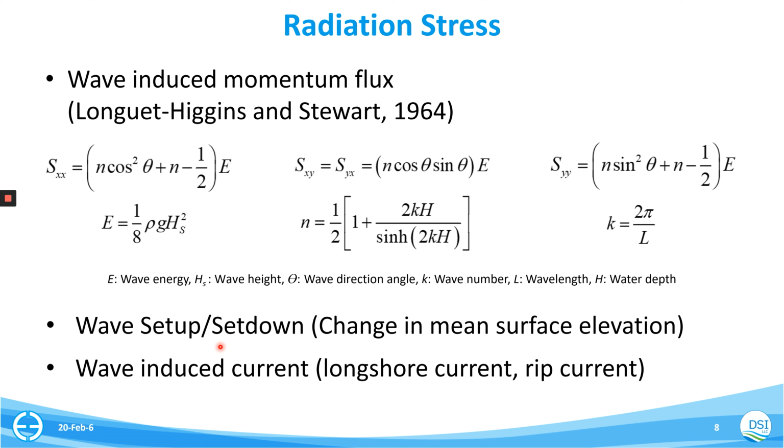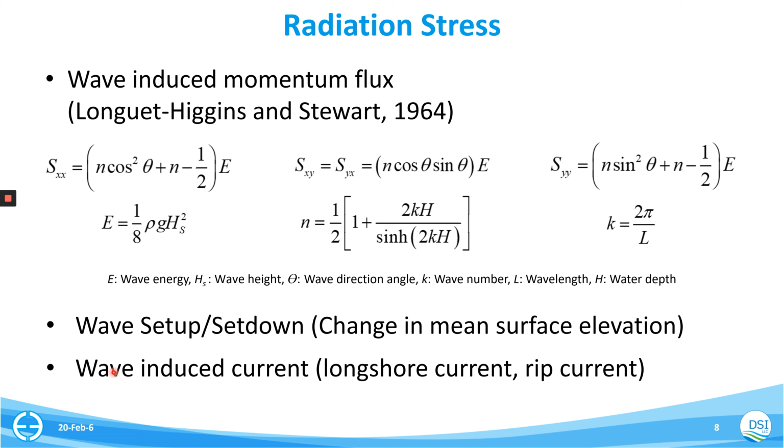It becomes pretty important when there's a storm surge, and when the bathymetry of the beach is relatively flat with a very mild slope, this can become a really important factor that needs to be taken into consideration.